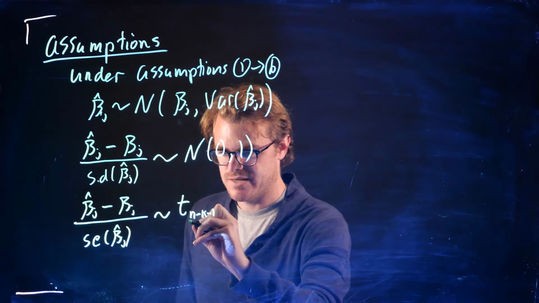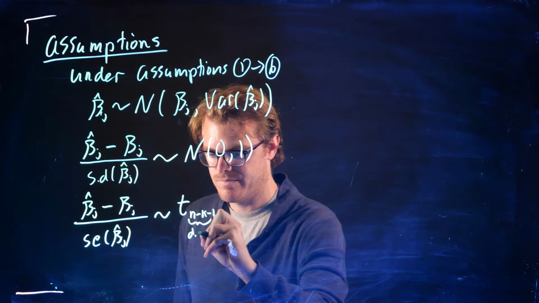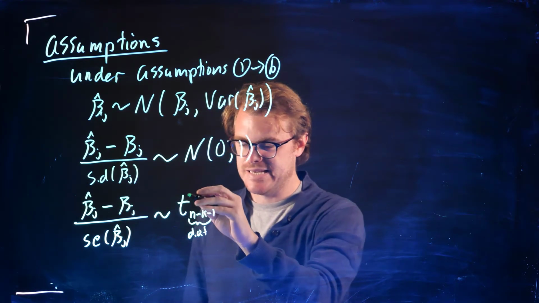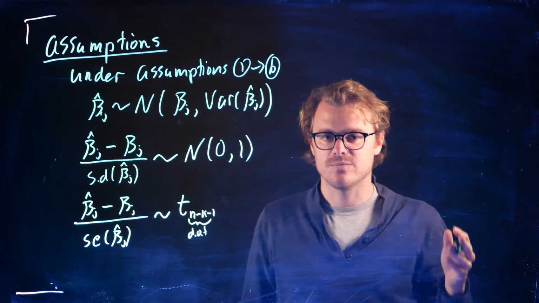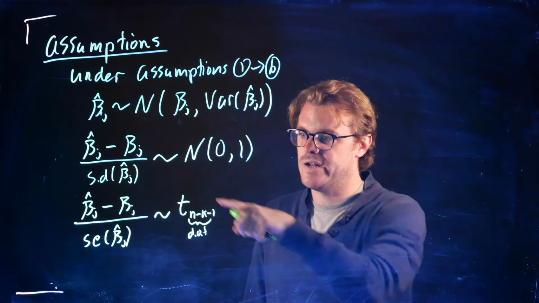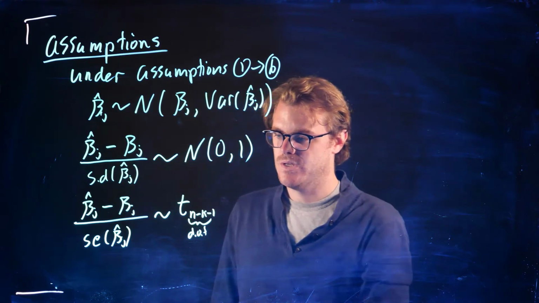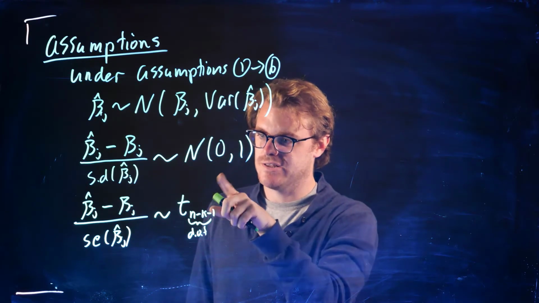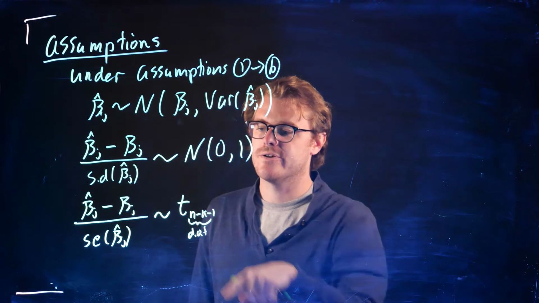So remember, this is the degrees of freedom. And so this t here is just representing a t-distribution. So it's a different distribution than a normal distribution, though as this degrees of freedom correction gets larger and larger, it's going to start to look like a normal distribution.